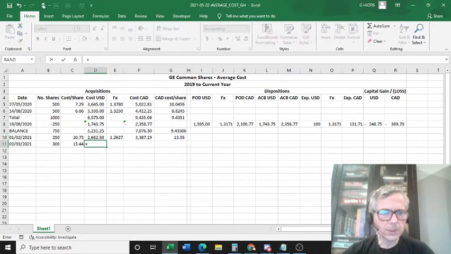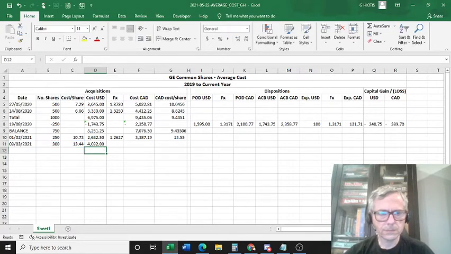Let's do a little multiplication. There you go. Okay, let's find out the foreign exchange rate on the 3rd of March 2021.